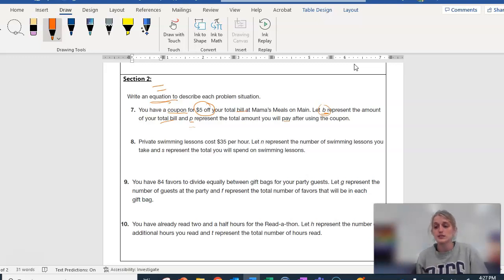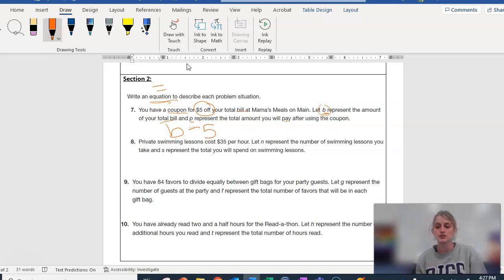So if you, in this imaginary scenario, had to pay $20 and you're taking $5 off, you would write that as 20 minus 5. There's no actual 20 in this problem. That's how much our bill is in pretend. We are going to write B for bill. So if our bill is $20 and we take $5 off, we are subtracting 5.